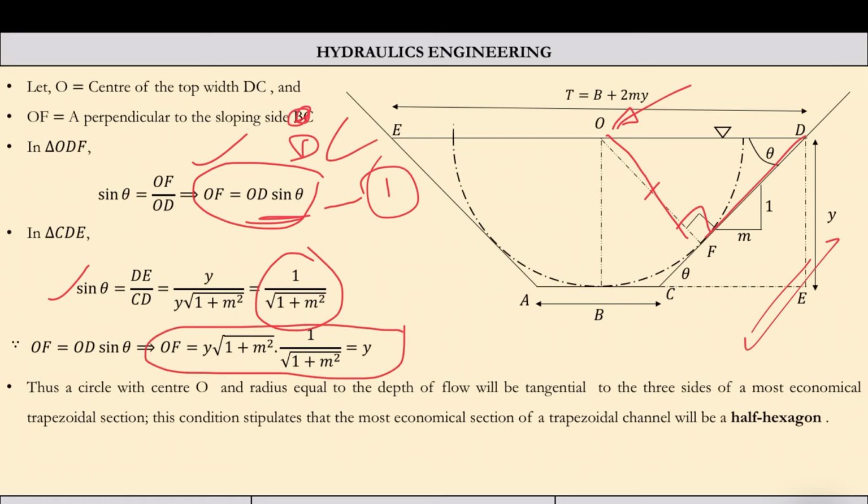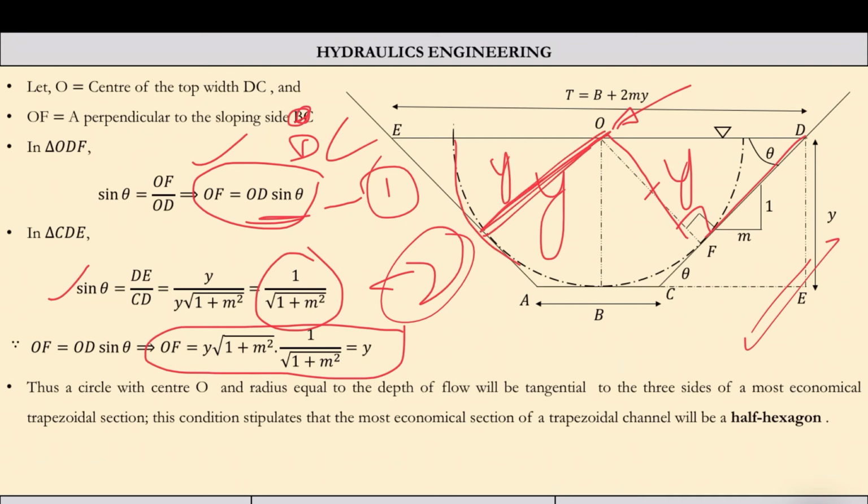If you put the values from both equations 1 and 2, OF is also y, and if you draw the perpendicular to the other side, that is also y. So if you draw a circle, it will touch all the sides of the trapezium. Thus a circle with center O and radius equal to the depth of flow will be tangential to the 3 sides of the most economical trapezoidal section.